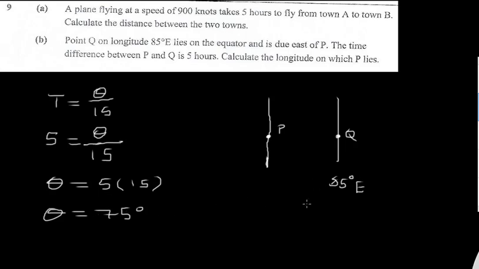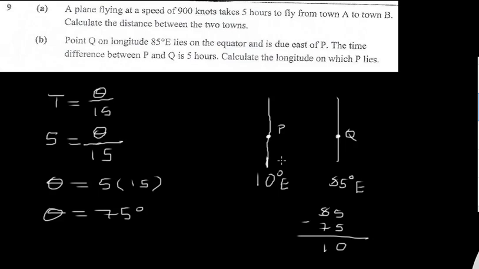So 85 minus 75 gives us 10. Therefore point P is on 10 degrees east, such that the difference in longitudes between Q and P is 75, and the time difference is 5 hours. So this is how we find the longitude of a point given the time difference and the longitude of the other point.